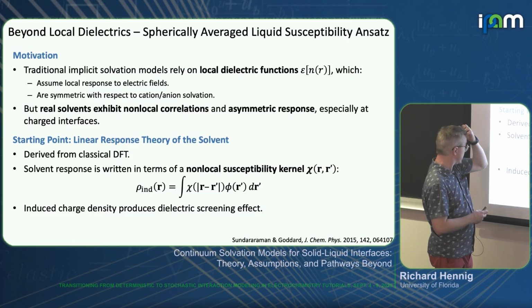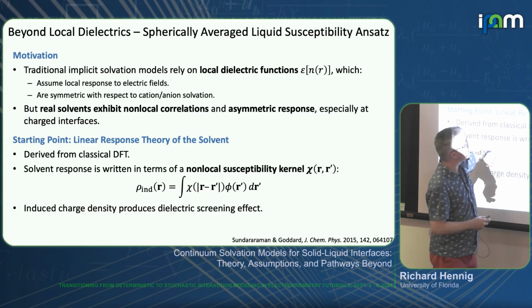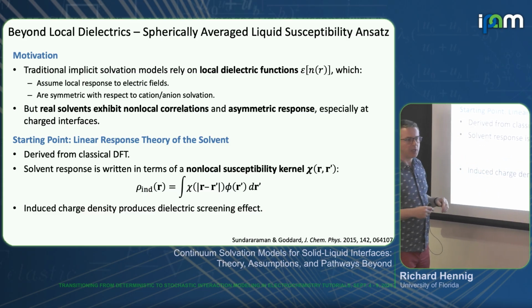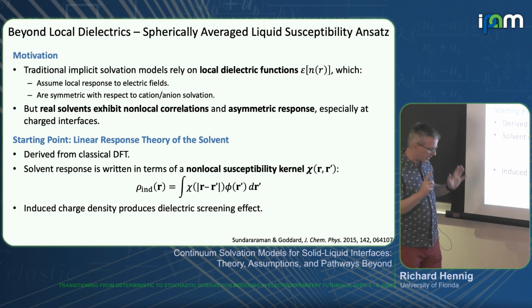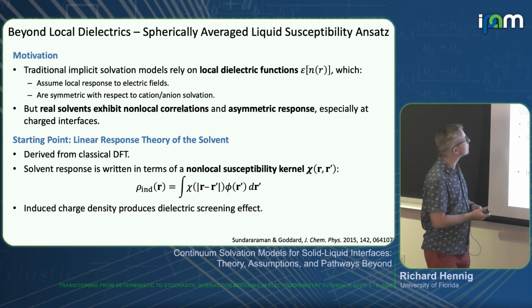So real solvents, as they showed, exhibit non-local correlations, and there's an asymmetric response relative to cations and anions. And that's seen in various experimental quantities, such as the interfacial capacitance.